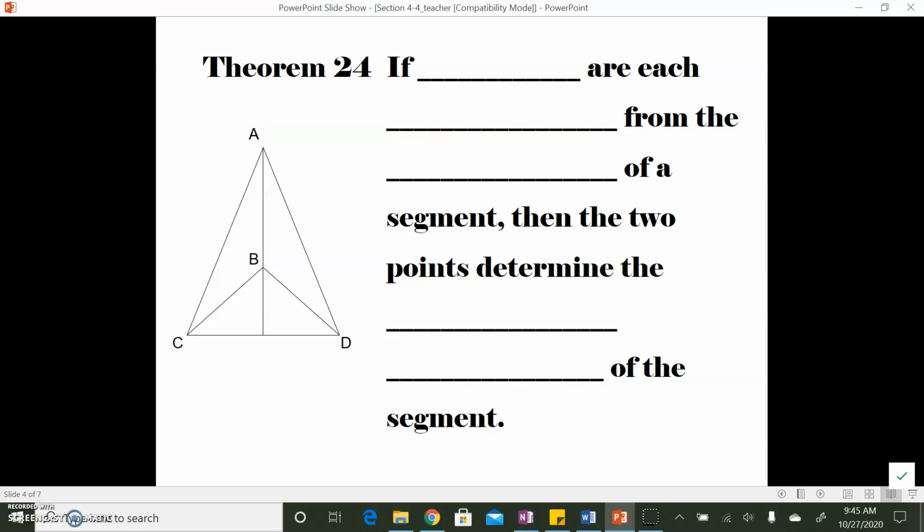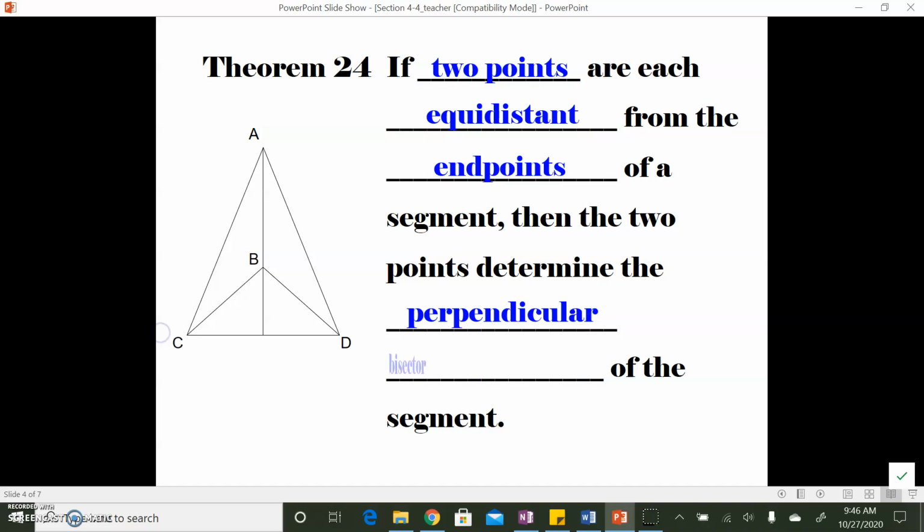Moving into our newest theorem: if two points are equidistant from the endpoints of a segment, in this case segment CD is our segment, if point B is equidistant to C and D, and point A is also equidistant, that doesn't mean those two are the same distance from C and D. It means B is the same distance to C as it is to D, and A is the same distance to C as it is to D. Then we say that they are on the perpendicular bisector.